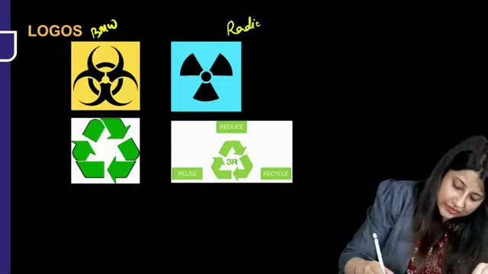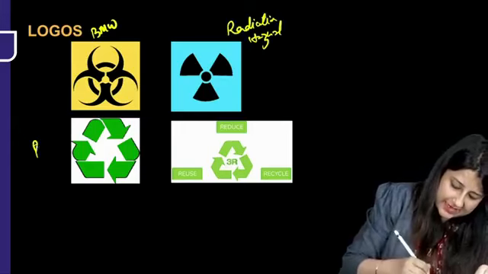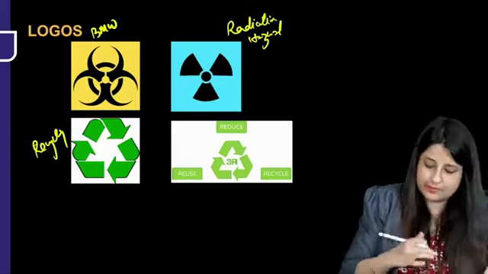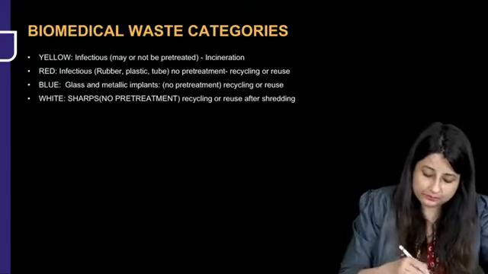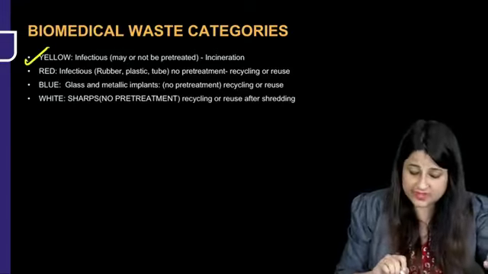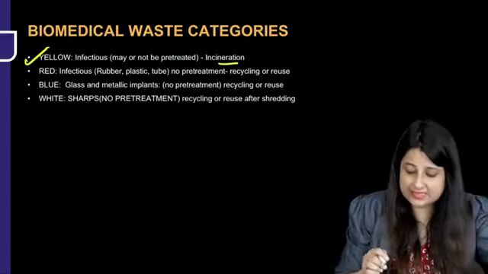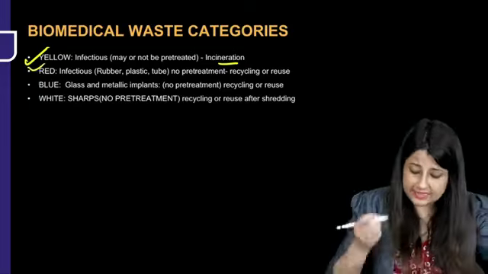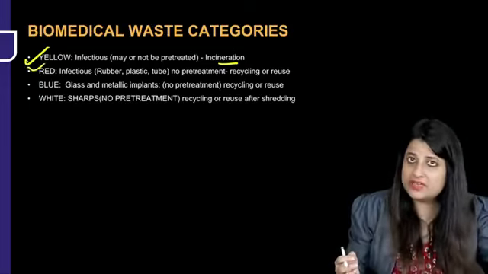This is radiation hazard, of course. And if you look at this, this is the recycling symbol. What are the four categories now? Color bags now. Yellow, all infectious waste, may or may not be pre-treated, and the mode of disposal is incineration. Red, it is RPT. All rubber plastic tubes. No pre-treatment required.